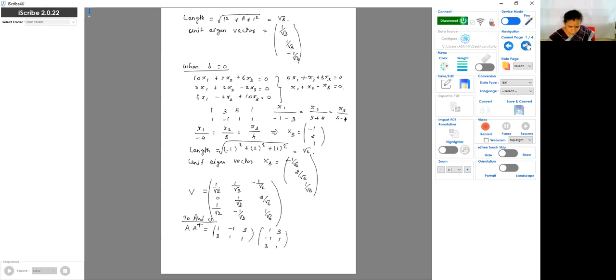And multiplying these two, we get 1 plus 1 plus 9. Multiplying the first row with the second column, we get 3 minus 1 plus 3. And it is 3 minus 1 plus 3, 9 plus 1 plus 1.